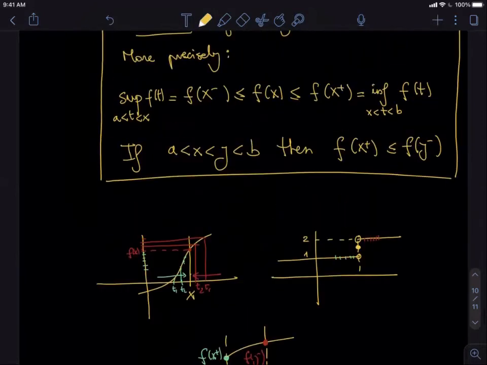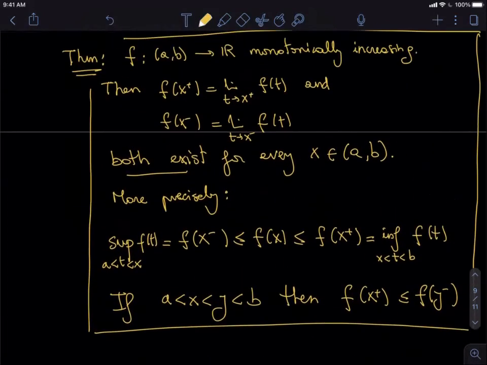Okay, so let's see. There are several things here that we need to prove. The first one is that both limits exist. Okay, the second one is this identity here, this chain of inequalities.